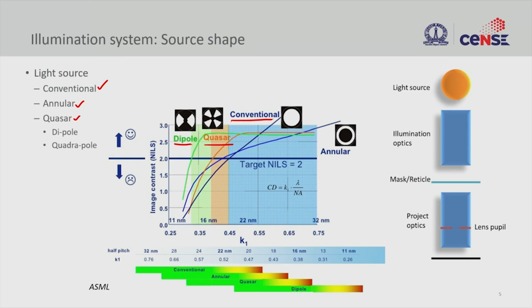So when you change the shape of the light source, you also change your diffraction and also the unnecessary stray light going through this. So this will increase your image contrast. This is something that we saw earlier, the MTF, the image transfer function, so that transfer function improves. That is what we achieve by improving your light source shape.